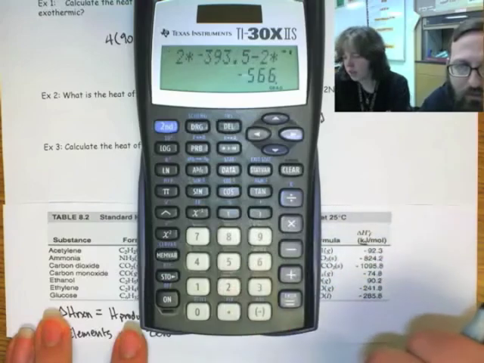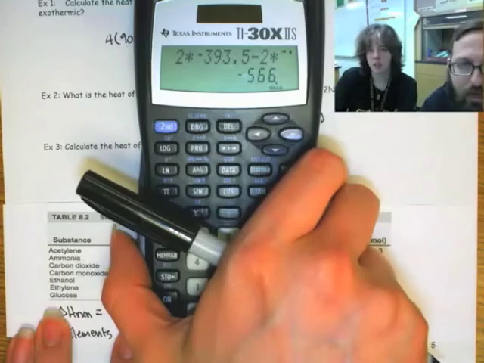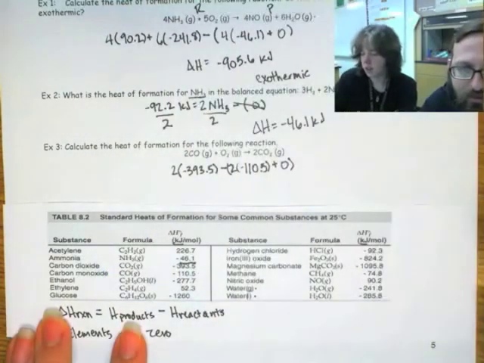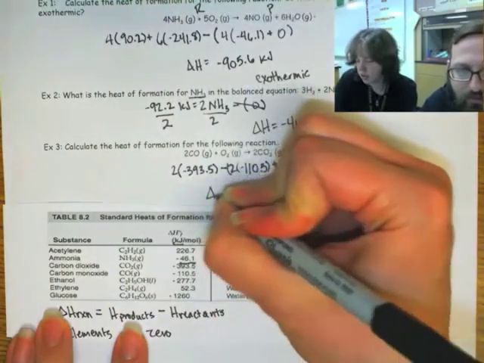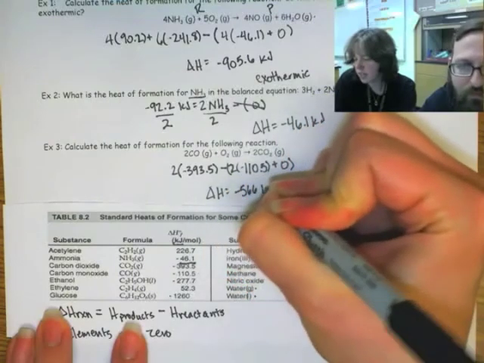And so that gives us a heat of reaction of negative 566. So our delta H is negative 566. Remember, these are going to be kilojoules.